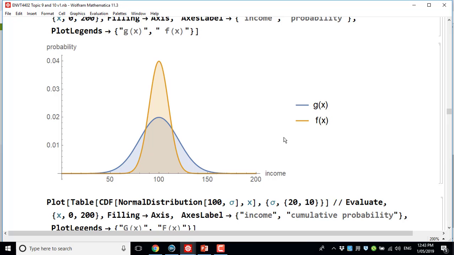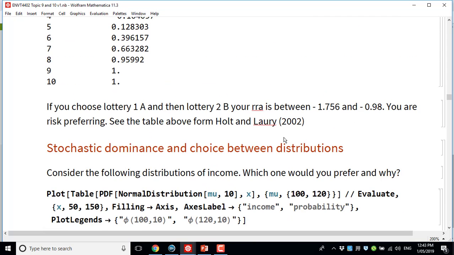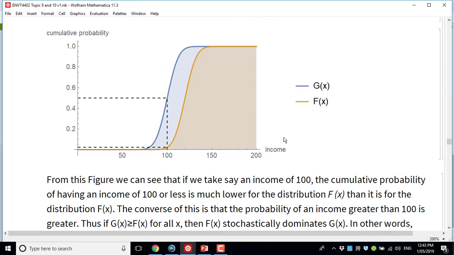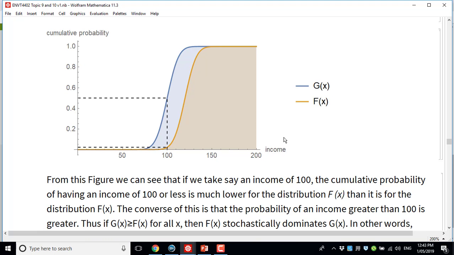Just to show you the concept more clearly, again, this is the cumulative probability distribution.